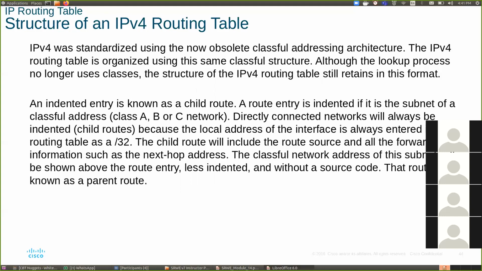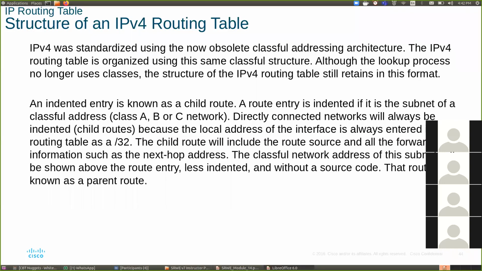So you will have a hierarchy there, where you can have a network entry, and that network entry is going to have a child route, and the entry is indented if it's a subnet of a classful route. You have to understand this term, classful and classless route. Classful routes will take a fixed subnet mask, but with classless routes, you can use any subnet mask information, okay?